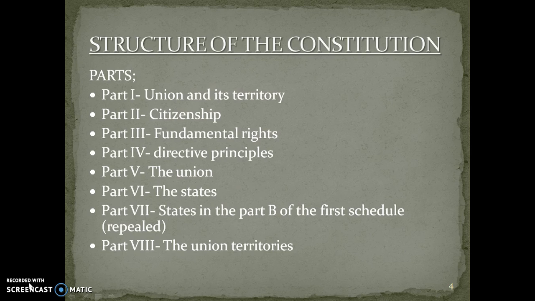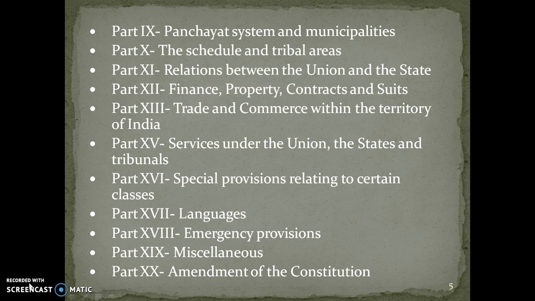Part 2, citizenship. Part 3, fundamental rights. Part 4, directive principles. Part 5, the Union. Part 6, the state. Part 7, states in Part B of the first schedule. Part 8, it shows the Union territories.